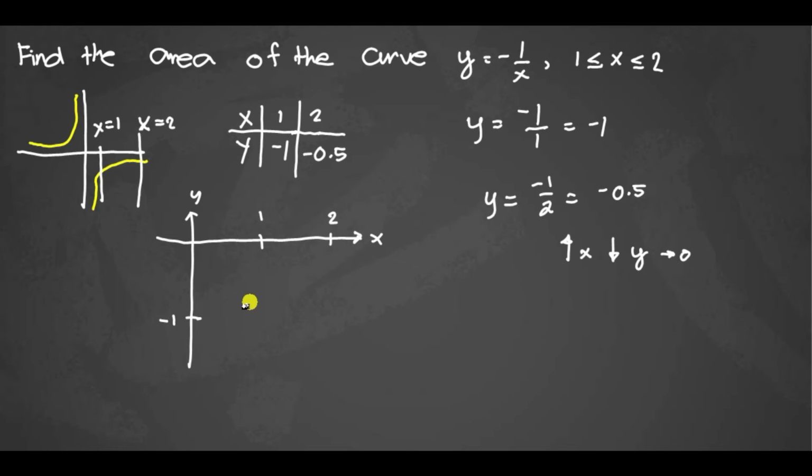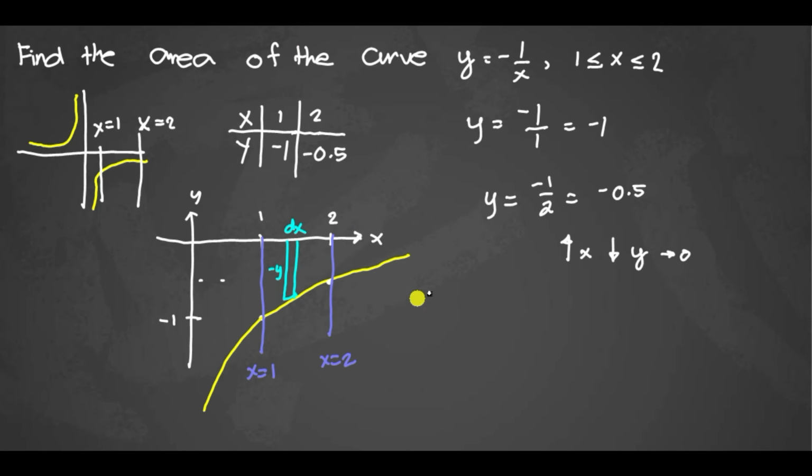Now we have our first point, that is 1 and negative 1, then 2 and negative 0.5. Tracing these points, it is bounded by x is equal to 1 and x is equal to 2. By constructing our small strip of rectangle, we will have a negative y here and dx.